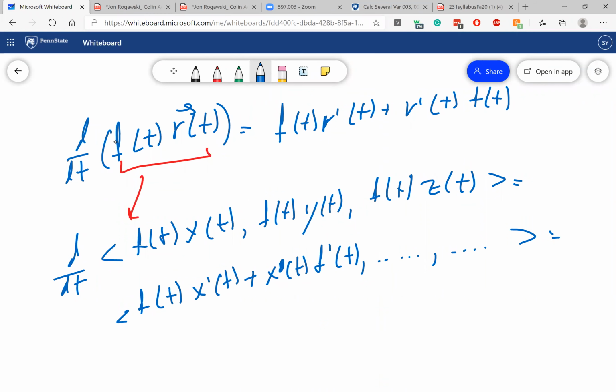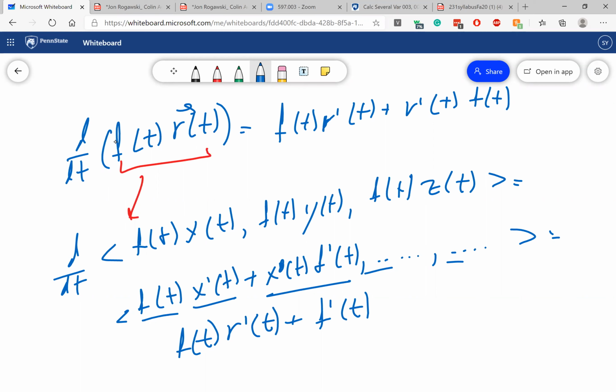And so then you can take out the f of t's from all of them, and you can also put together the x prime, the y prime, the z prime. So that will get us f of t r prime of t. And then putting together the other side, you're going to get plus f prime of t r of t.